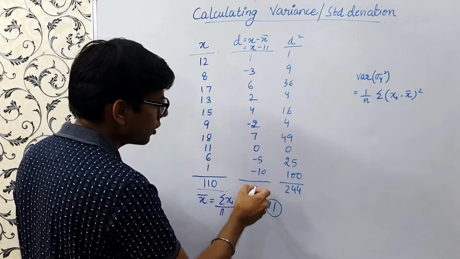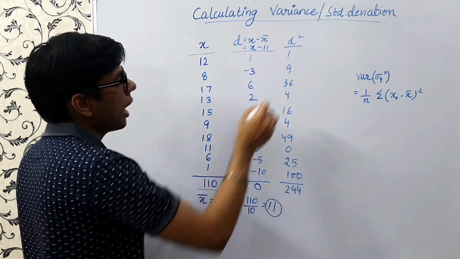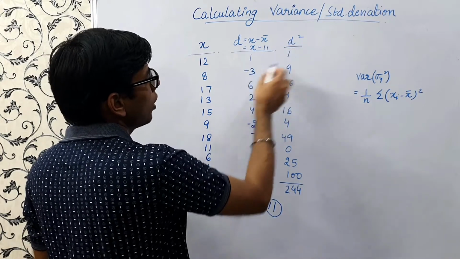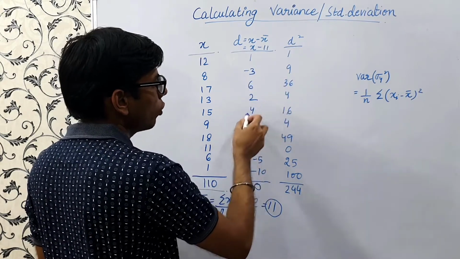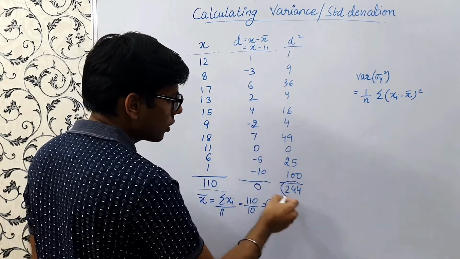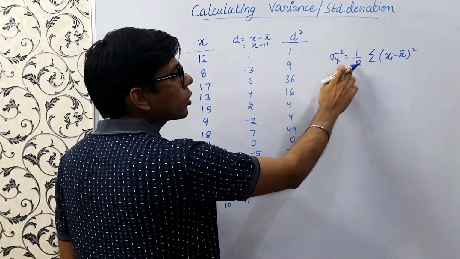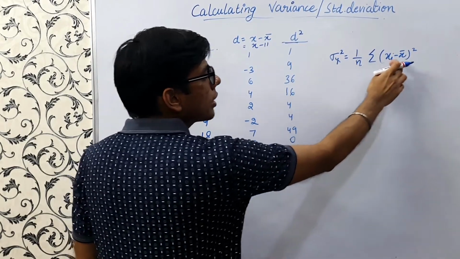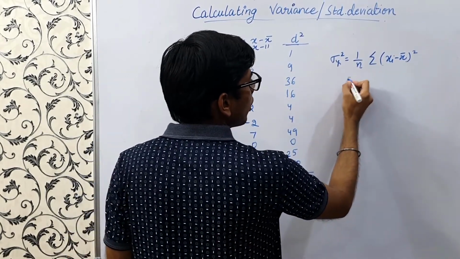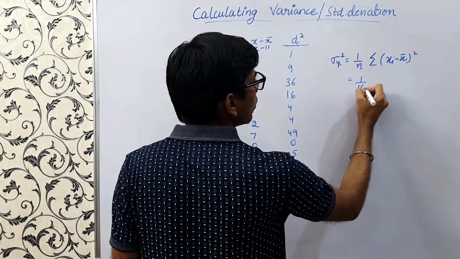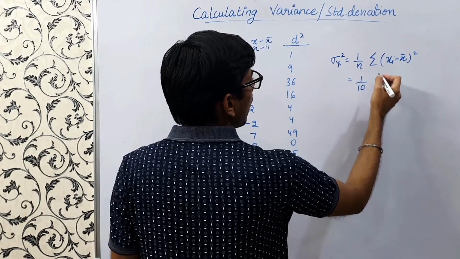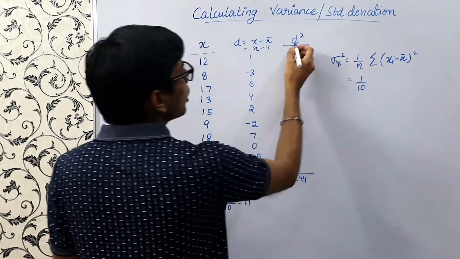If you see the sum of these deviations, that is 0. And similarly we have calculated d square: 1, 9, 36, 2 square 4, 4 square 16 and so on, and we have summed those. So now the formula for variance is sigma x square equals 1 by n summation xi minus x bar square. Here n is 10, and this xi minus x bar is nothing but d.